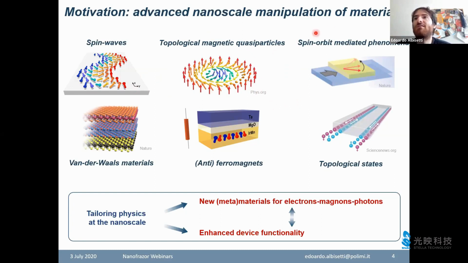Spin orbit torques, always in magnetism, and some topological states in van der Waals materials. So in general, we are interested in finding new ways for controlling the physical properties of these materials in a way that is not easy or straightforward to do with conventional nanofabrication. And the application, of course, is to build structures that are then used for having enhanced functionality in new types of devices.